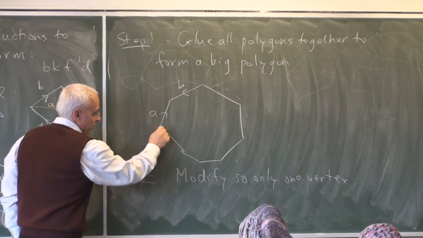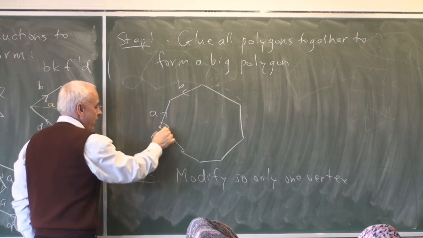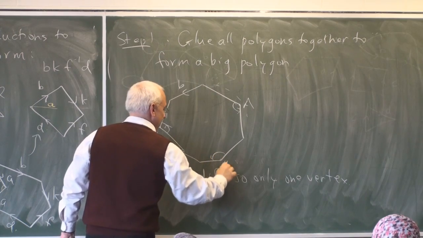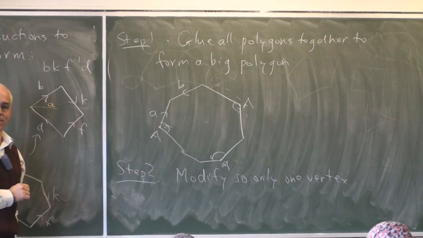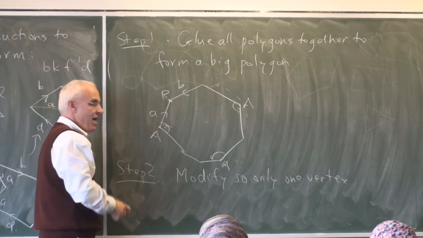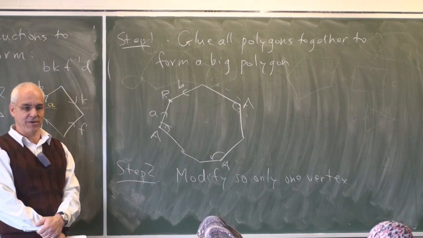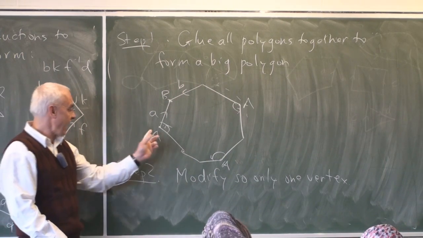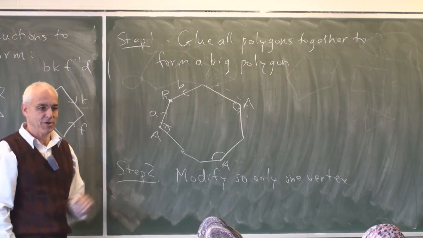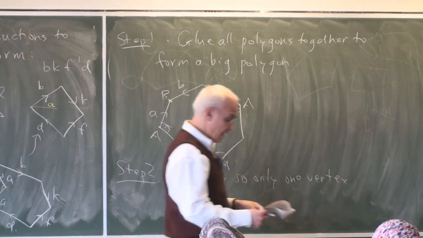So in other words, if we looked at one of these vertices, let's call it A, and we went around here like I did in that first example, I might find another edge A, and then I might find another edge A, and then I might find I'm back to where I started. So that would be one vertex. And then I would do the same thing for another vertex B. Okay? I don't want that situation. I want there to be only one vertex around the whole boundary. Instead of having A, B, C, and so on, I want to modify it so there's only one vertex. Okay, so it's possible to do that. That's a step.